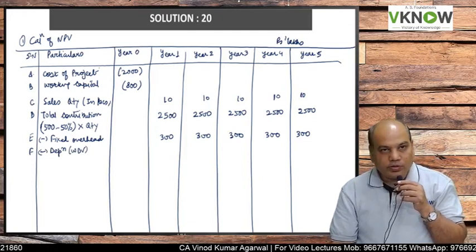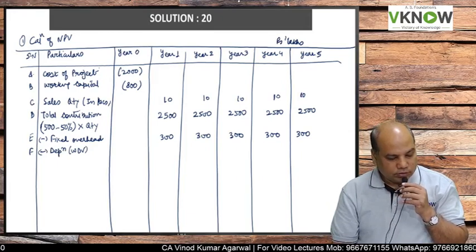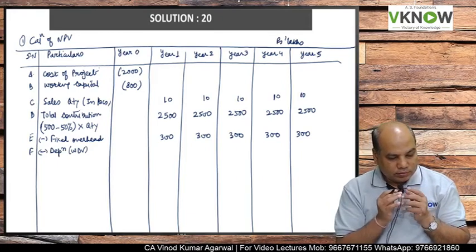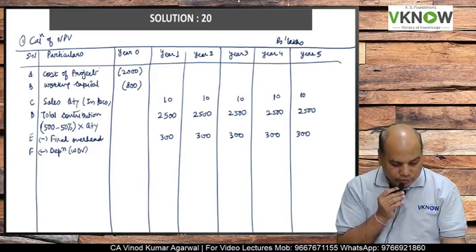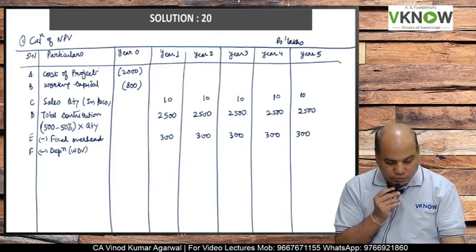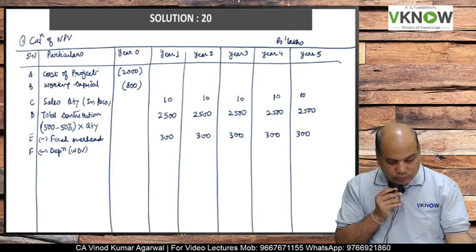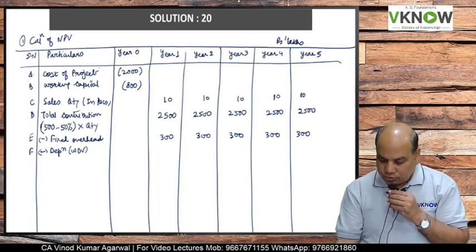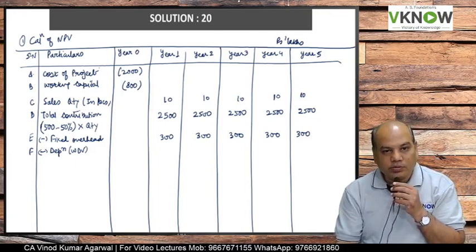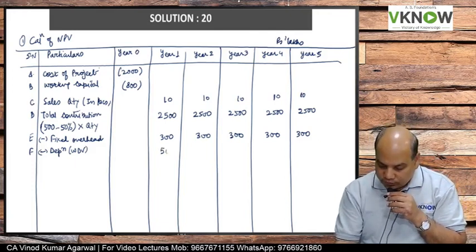What is the cost of the project? 2000. Rate of depreciation 25%. WDV or straight line? Is it WDV? Yes. So what you do, dear student, 2000 into 25%. 2000 into 25% is how much? 500.